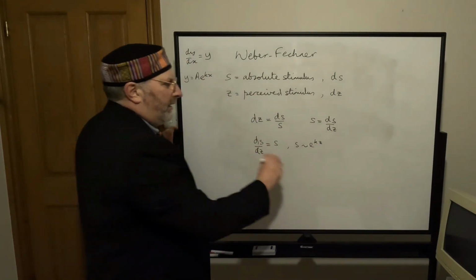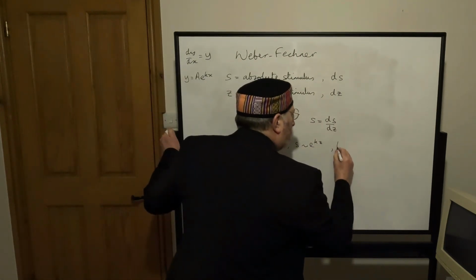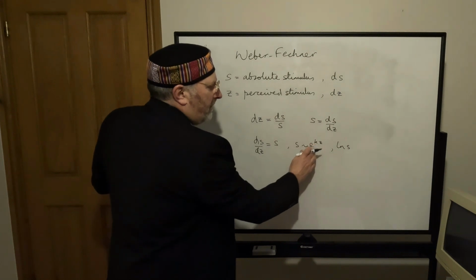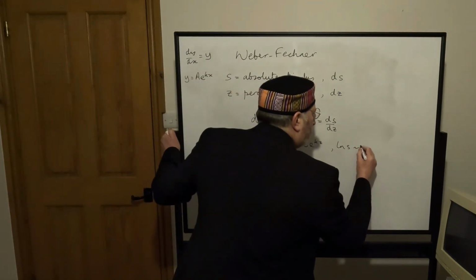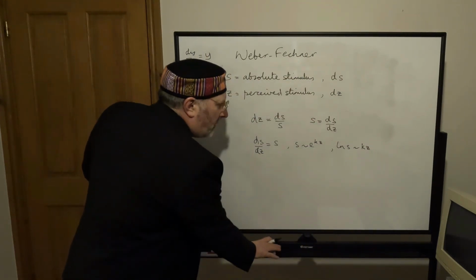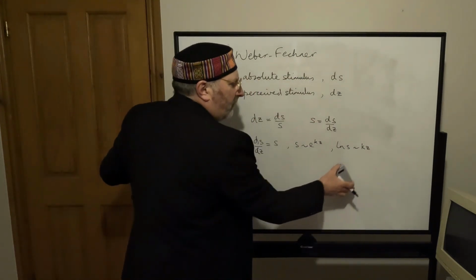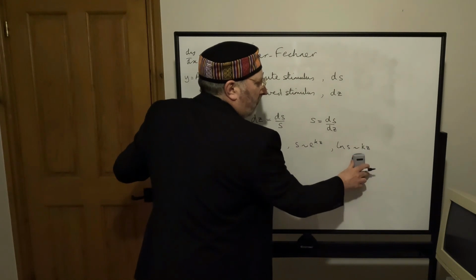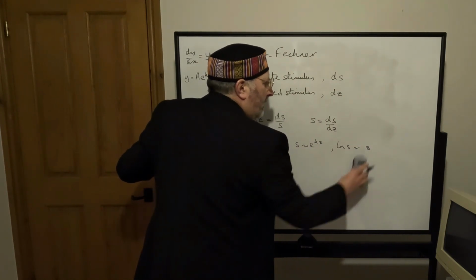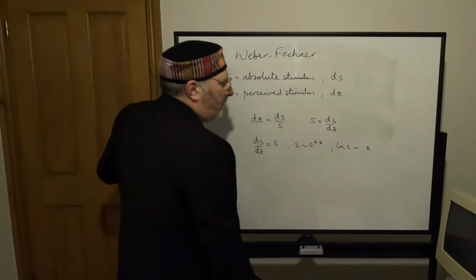And then if we take logarithms of that, log S, and the logarithm of e to the kz is just kz. So the logarithm of S is proportional to kz. Well, k is just a constant, so that's just saying it's proportional to z.